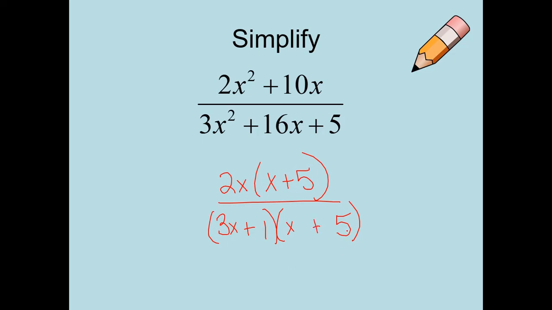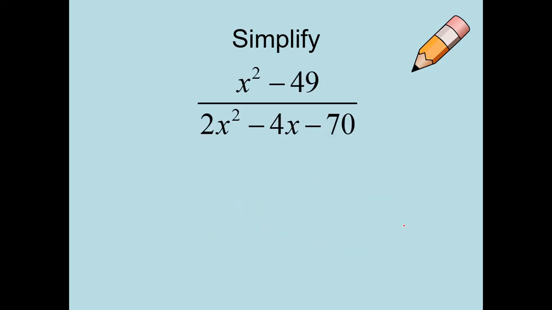So 3x times 5, that's 15x. 1x, that gets me my 16x, so I know I am correctly factored. So looks like x plus 5 and x plus 5 can cancel off because that is on the top and the bottom. So I got 2x over 3x plus 1. Now, these x's cannot cancel off because this x is a term. Okay? They can't. This x is added to stuff, not multiplied. That's why I cannot simplify those x's.